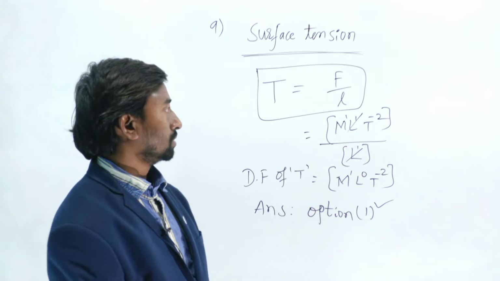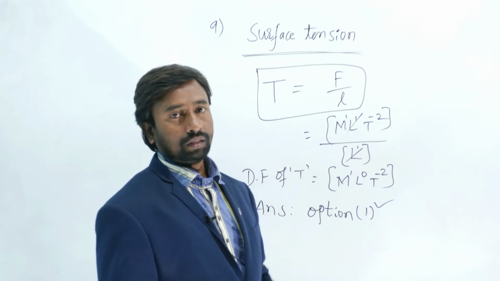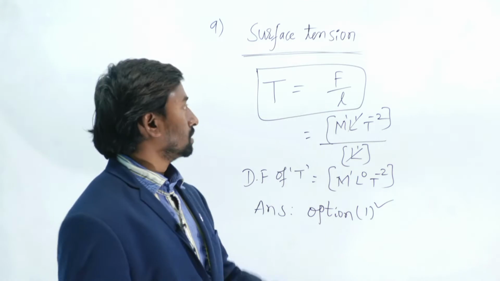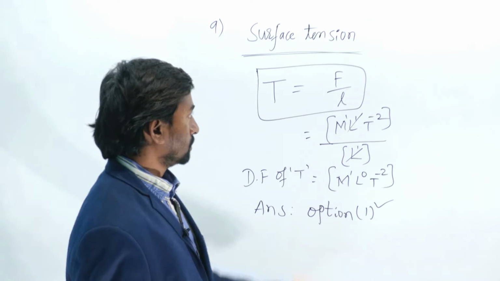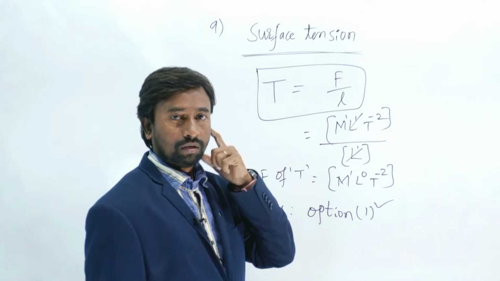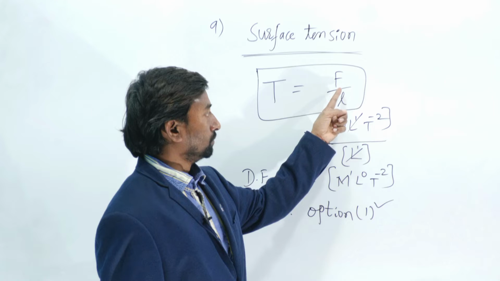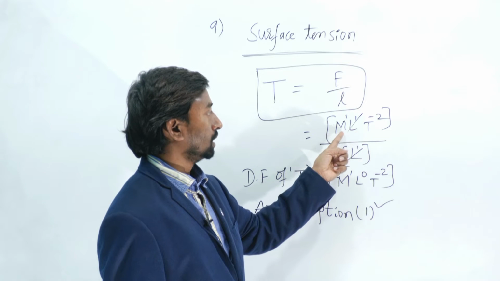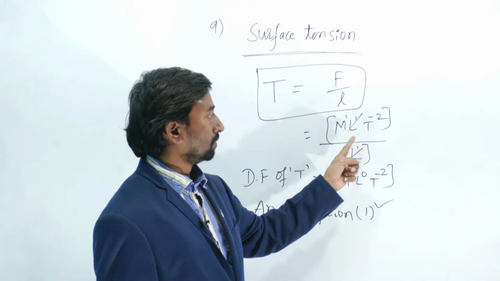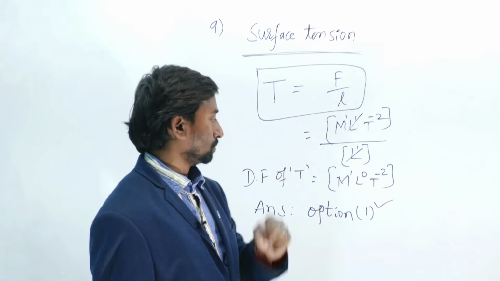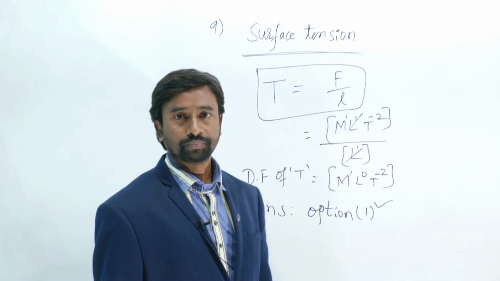That force per unit length is called the surface tension of the liquid. From that we get the dimensional formula. The SI unit of force is Newton. Newton is kg meter per second square. So kg is mass, M power 1; meter is L power 1; time is T power minus 2. From that we get this.